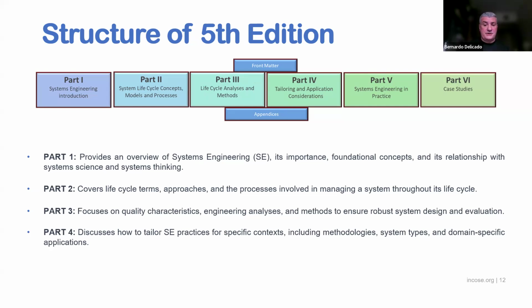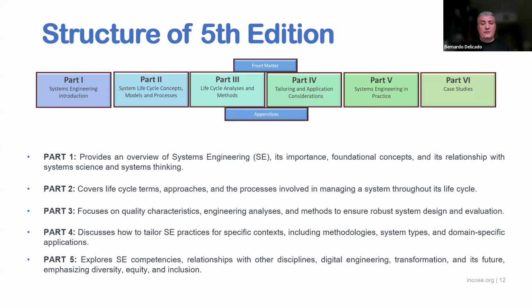Part 4 discusses how to tailor system engineering practices for a specific context, including methodologies, system types, and domain-specific application. Part 5 explores system engineering competencies, relationships with other disciplines, digital engineering, the transformation of system engineering and its future, and also emphasizing diversity, equity, and inclusion.